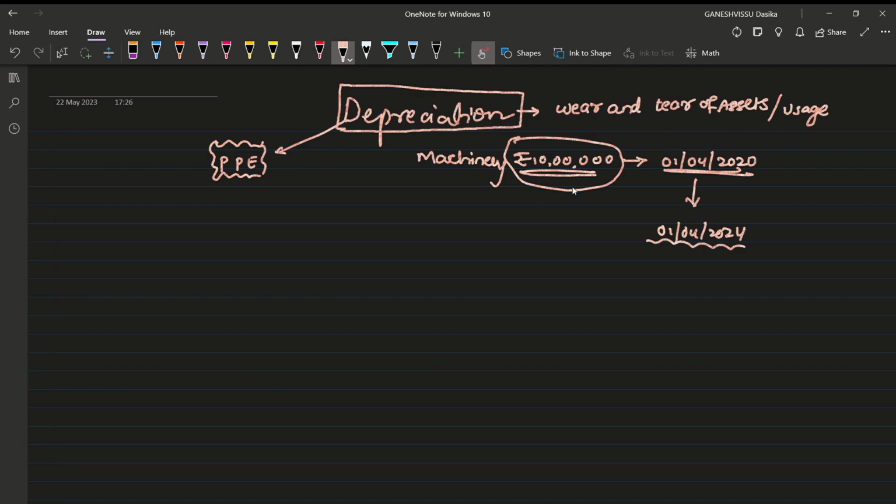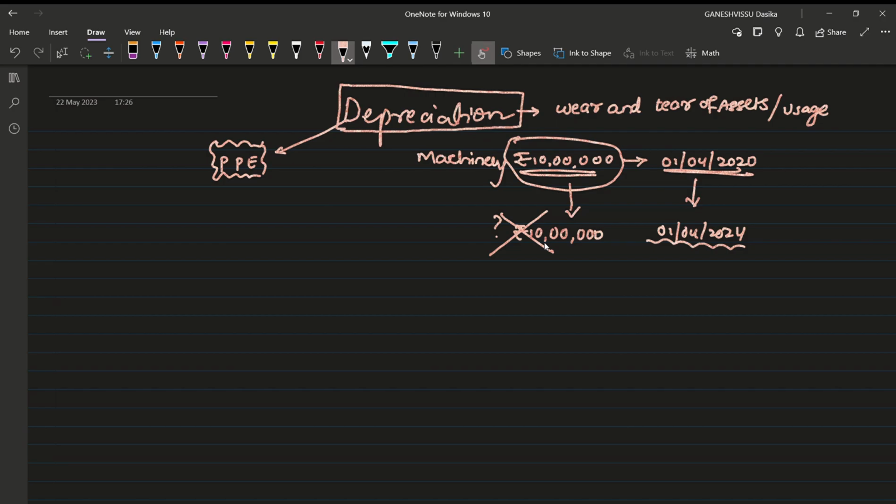But will the value be the same? That is my question. No, absolutely not. The value of that machine will be decreased due to wear and tear. That means the usage, we are using the machine, right?